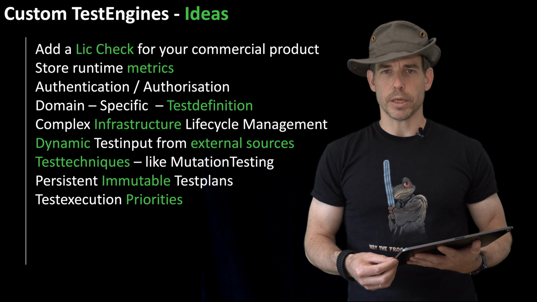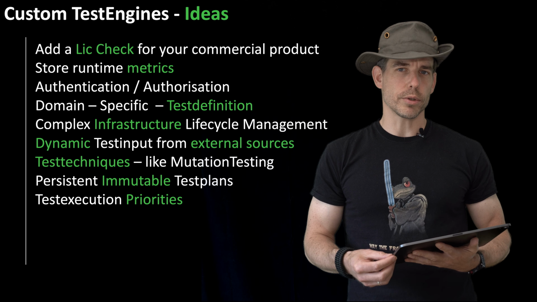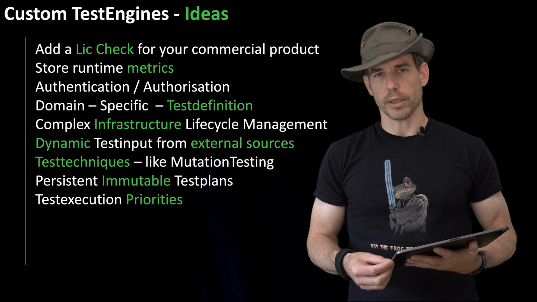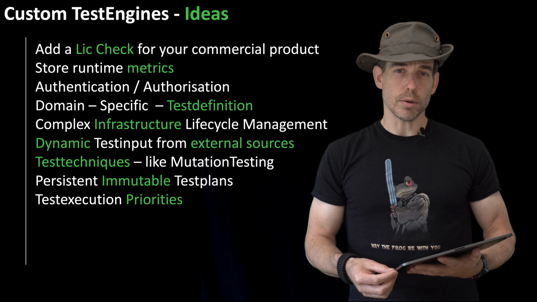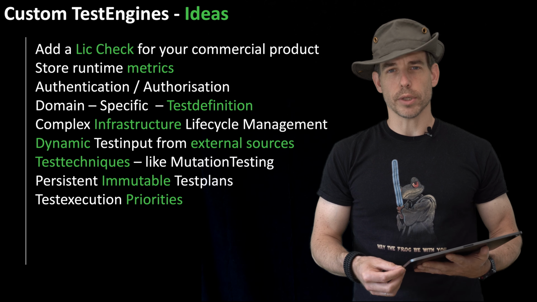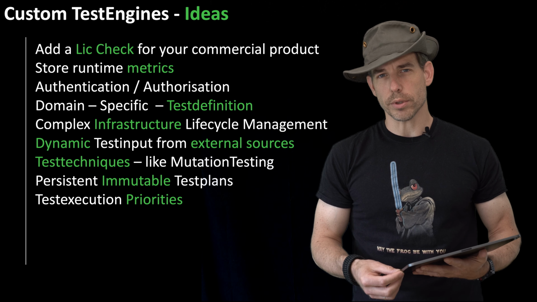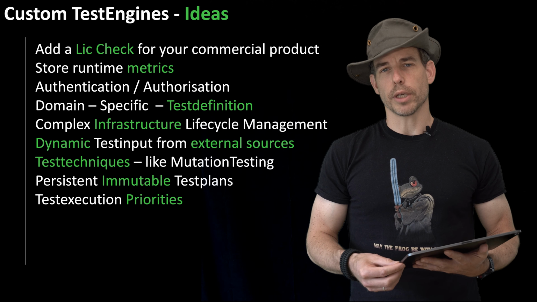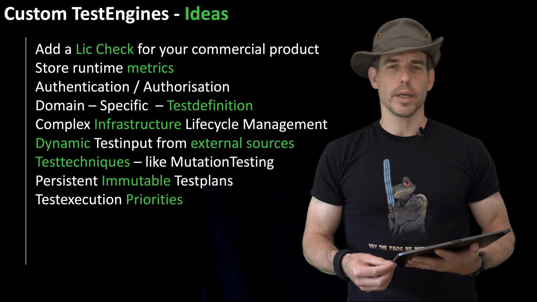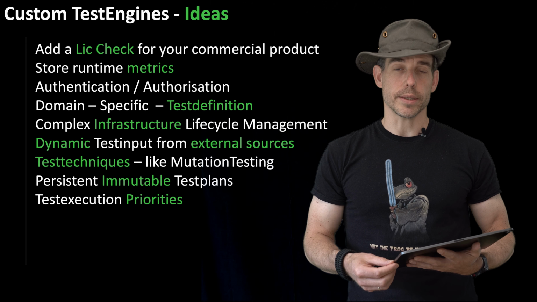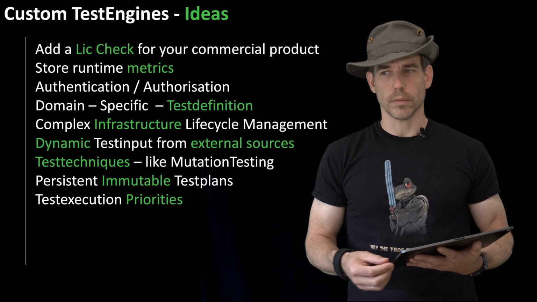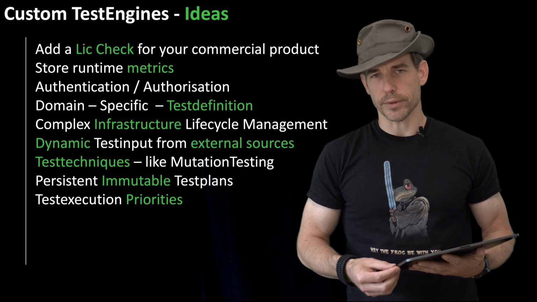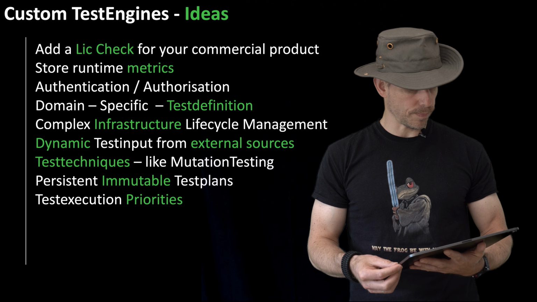So storing these metrics in a centralized repository could be one thing you need. The next thing is authentication and authorization. For example, if you have different resources to connect through, then you can do all this handshake inside your test engine, so that this implementation is in one central place and maintained.